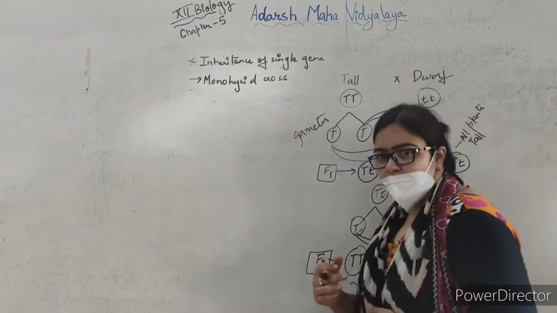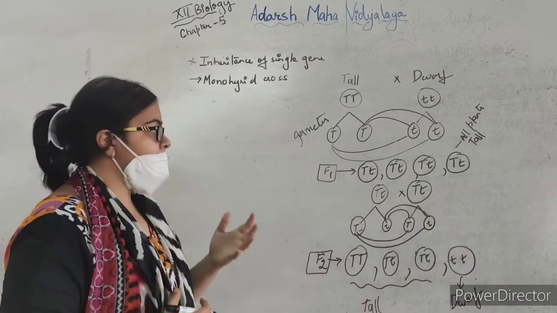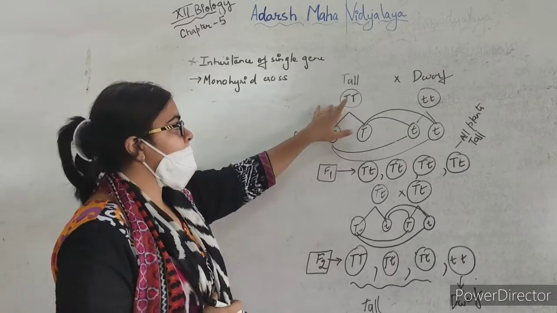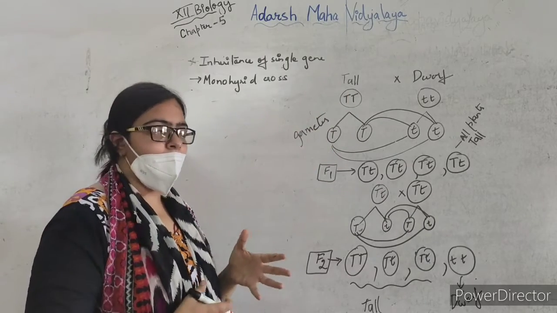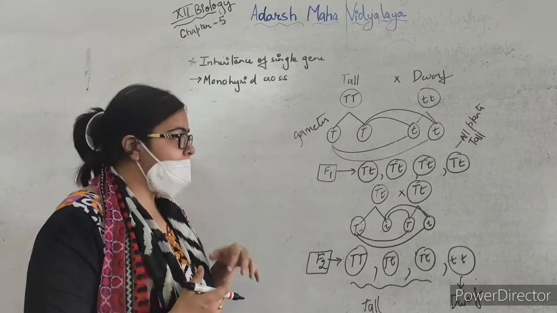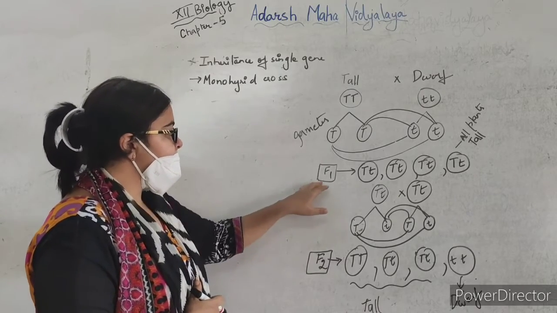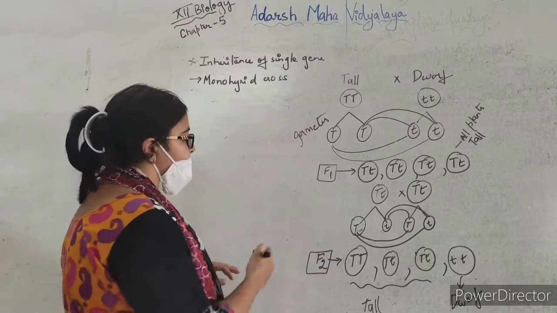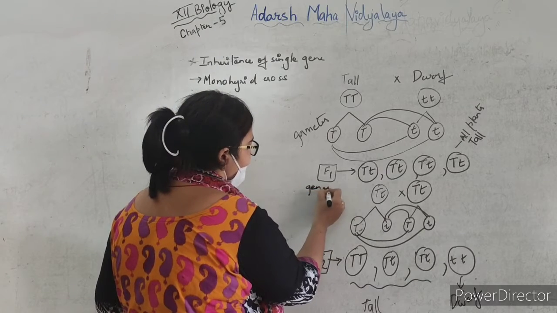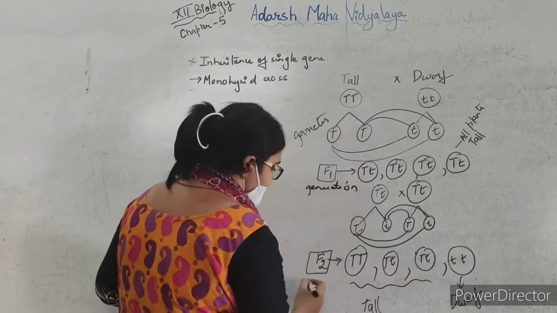Now here I will justify this: we generally use a capital and a small letter to express a dominant trait and a recessive trait. This is the P generation, this is the F1 generation, and this is the F2 generation.